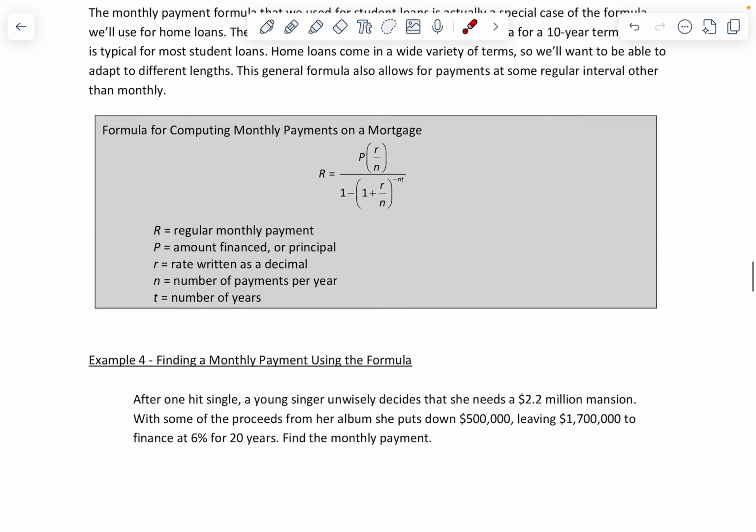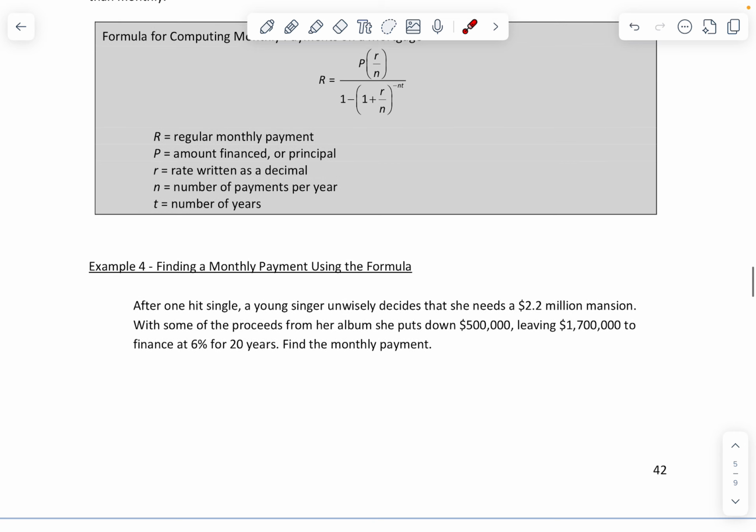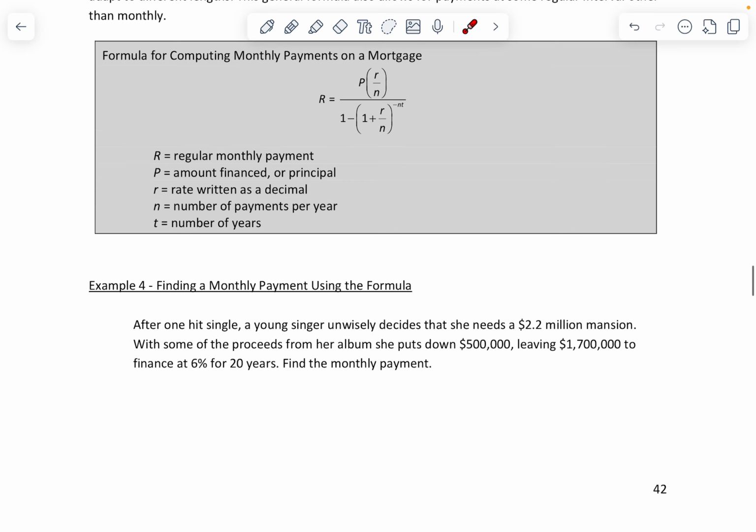All right, so let's write down the formula. R equals P times r over N over 1 minus 1 plus r over N raised to the power of negative N times T.